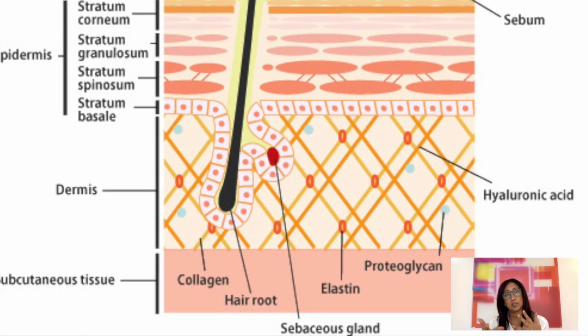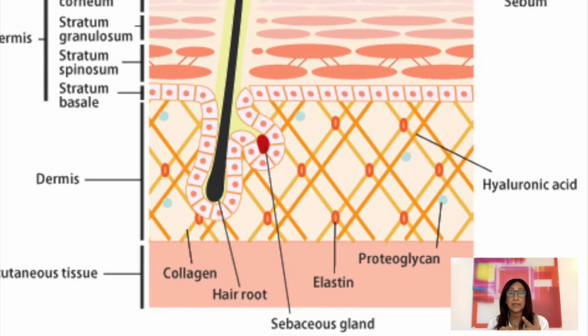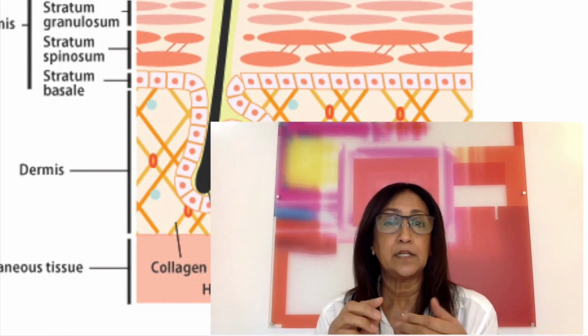Now we come to the dermis, the next bit that's sort of underneath. It's a really big chunk of skin, and it's made up of connective tissue throughout the dermis. And you have hair follicles, sebaceous glands, which secrete oils, sweat glands that secrete water. You've got your sensory nerve endings. There's a fine network of capillaries and blood vessels and lymphatic capillaries.